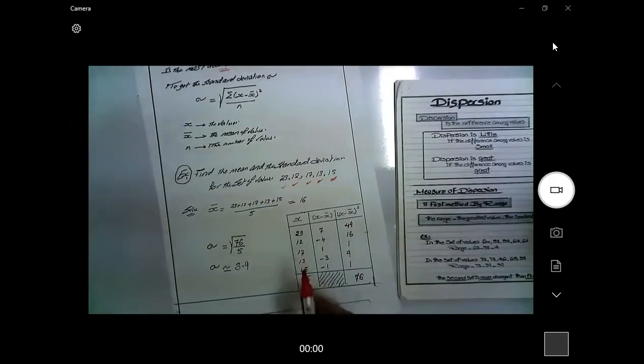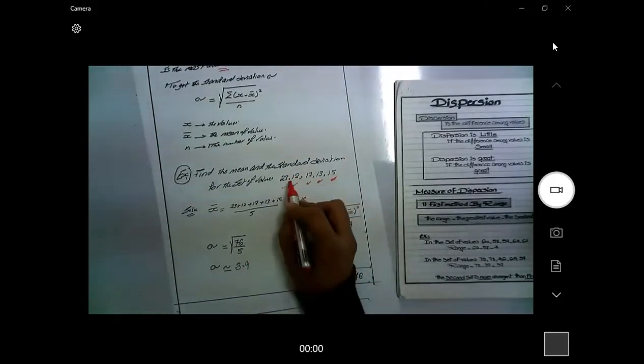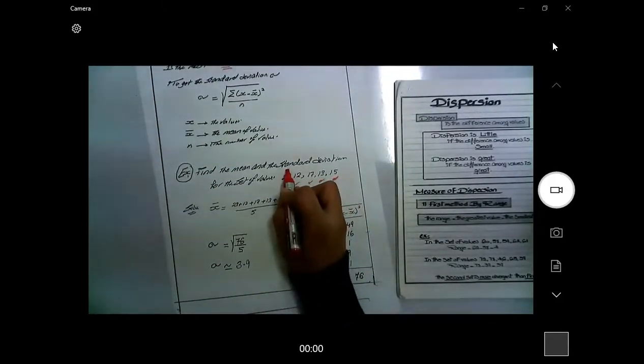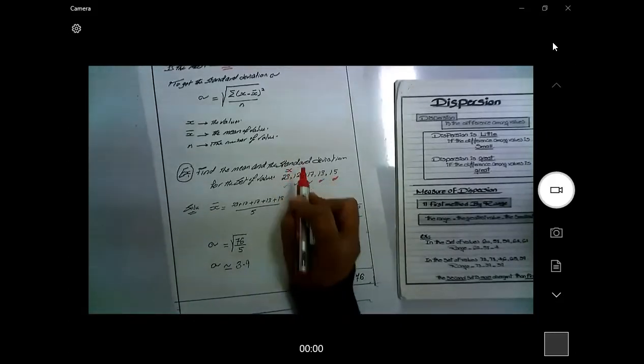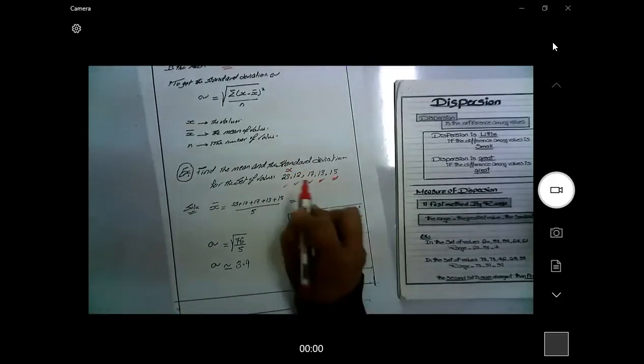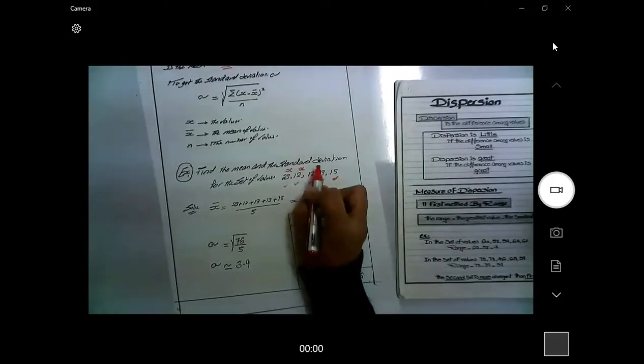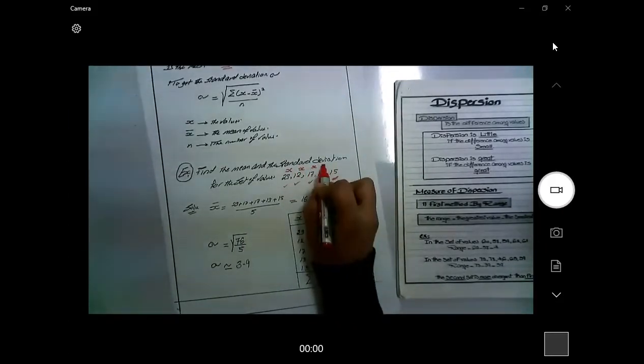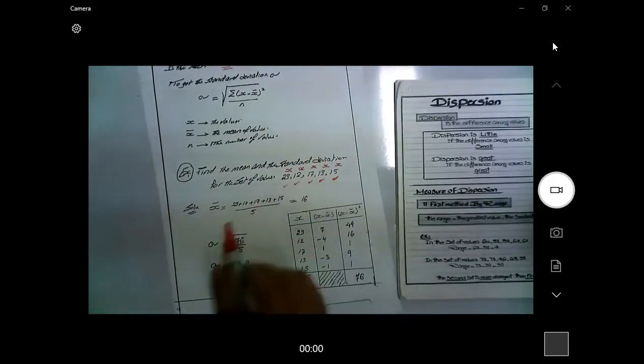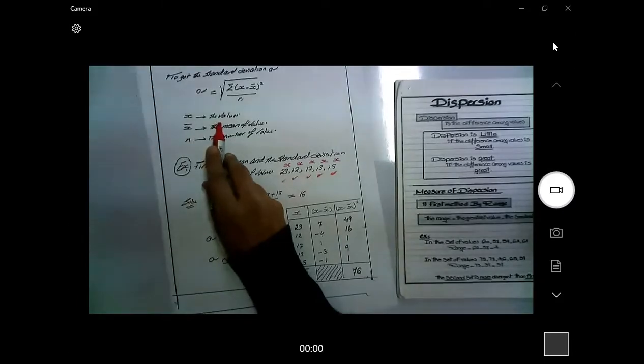X represents the values, which are the ages of the 5 persons. What about x dash?